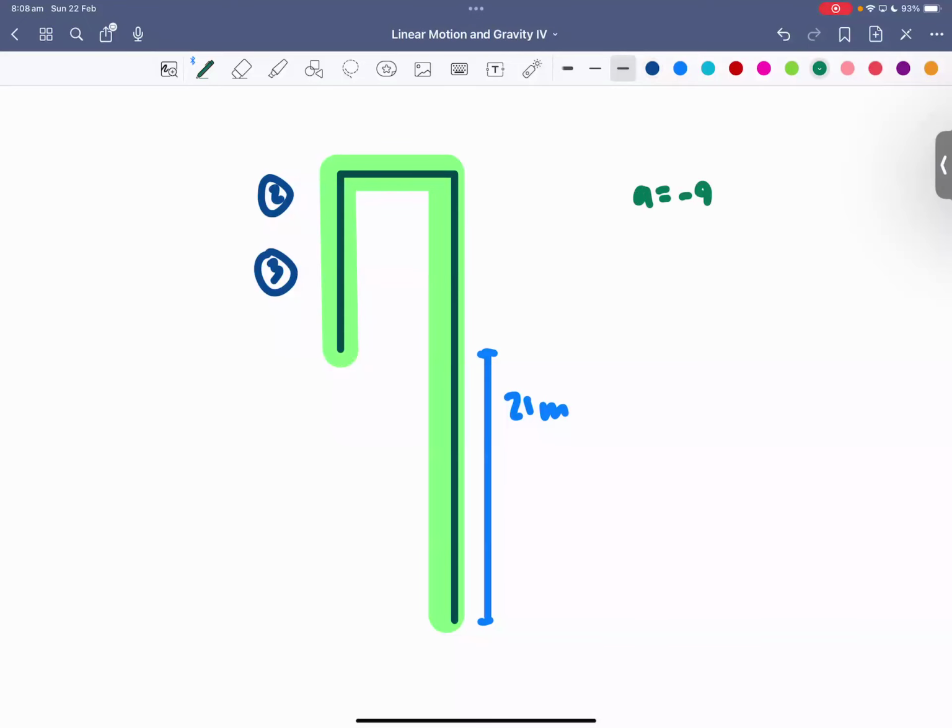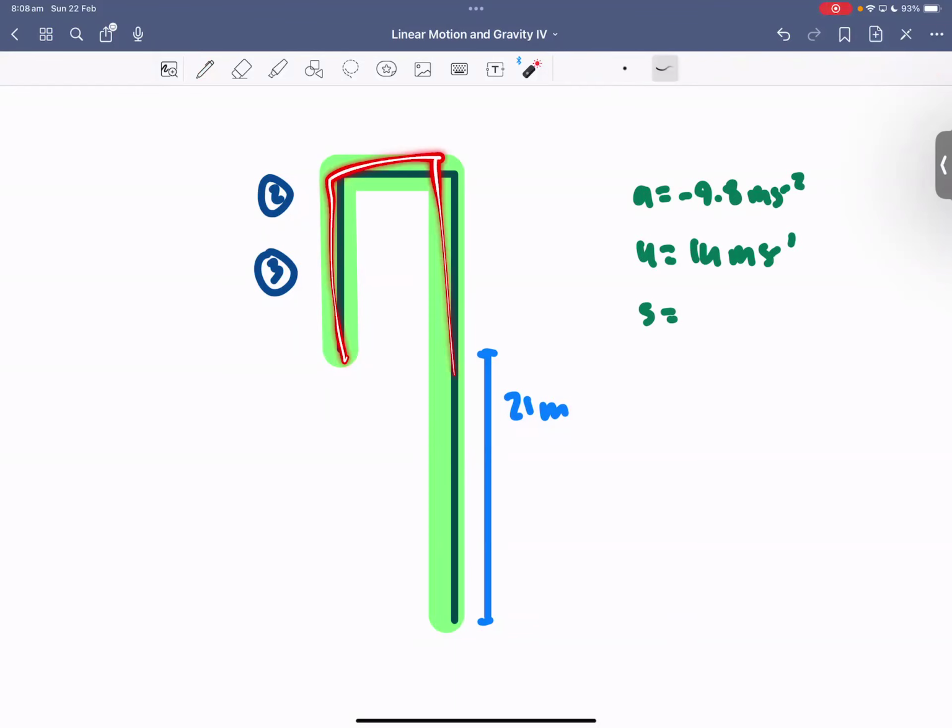I agree. Initial is 14. Yep. Displacement doesn't care about what happens here. Displacement's not distance. Displacement's start to finish. It is negative 21. Start to finish, negative 21. It couldn't care less what you did in the middle. All right. And I want T.